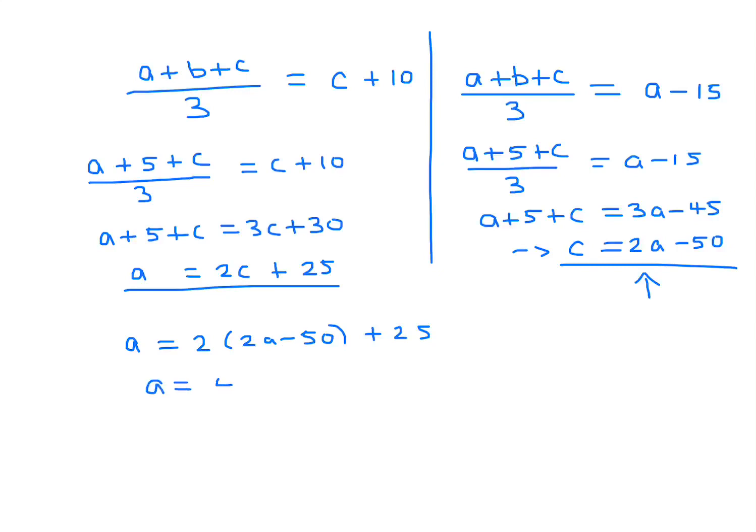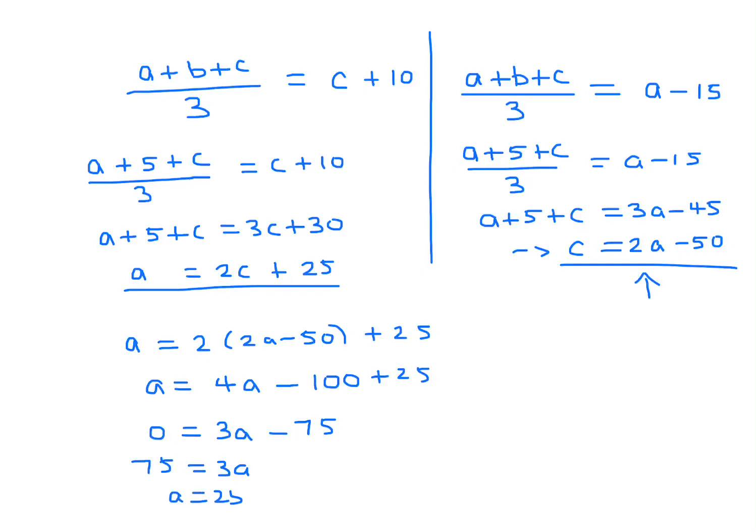So this becomes 4A minus 100 plus 25. So we have 0, 3A minus 75. 3A is equal to 75, and therefore A is equal to 25.